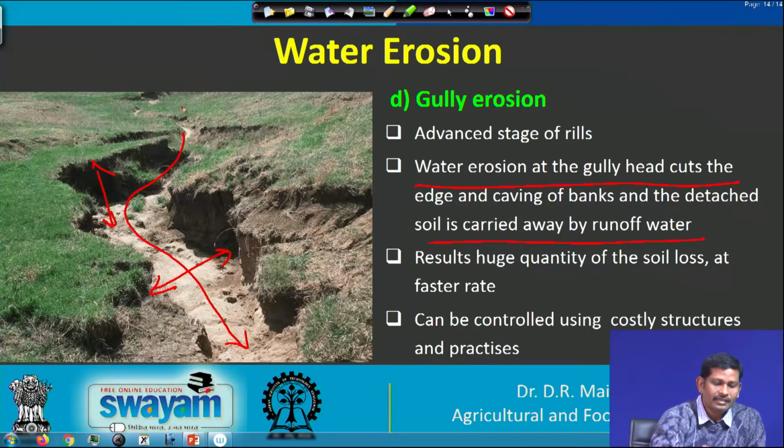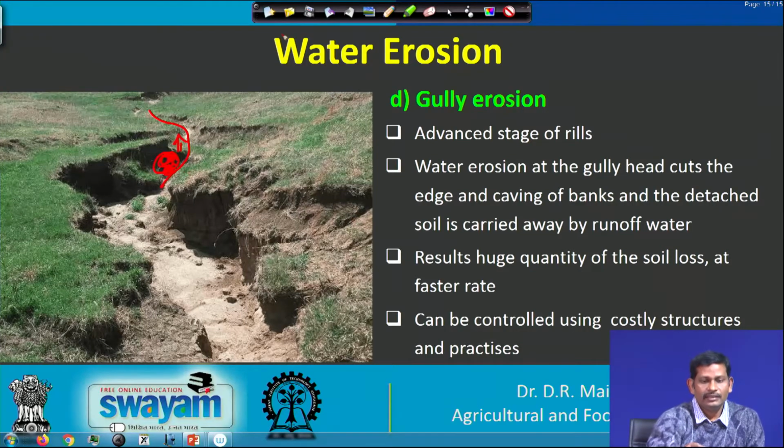What happens here? The water which is coming from here is going to have turbulence and undercut the soil, and the head advancement will take place.